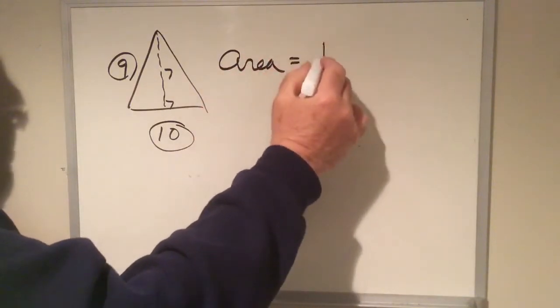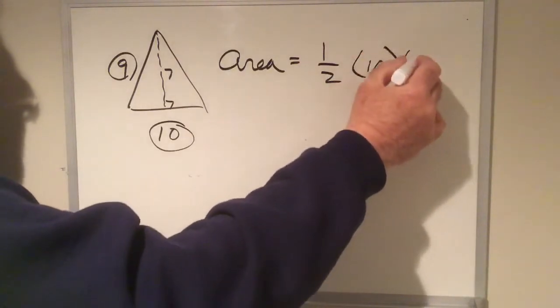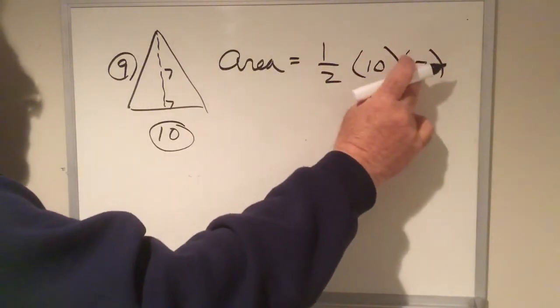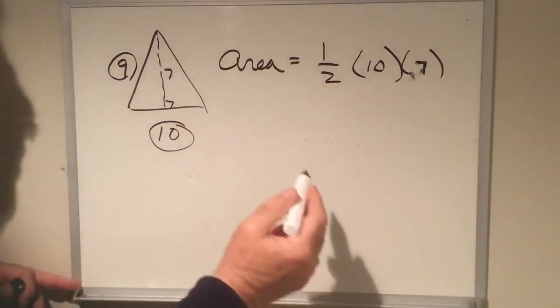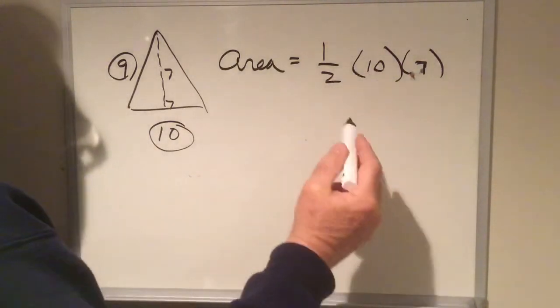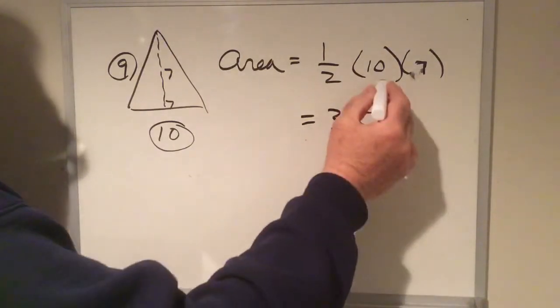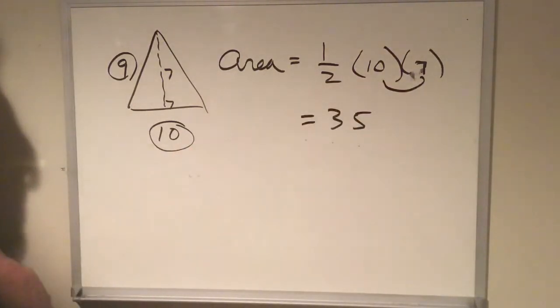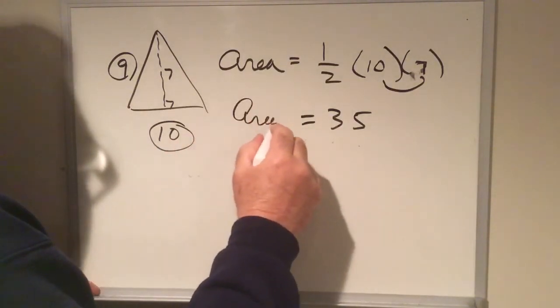The area of the triangle is half the base times the height. And arithmetic tells you you can do this a number of ways. Some folks just do half of 10 is 5. 5 times 7 is 35. Some folks do 7 times 10 is 70, and you do half of 70, and that's also 35, right?